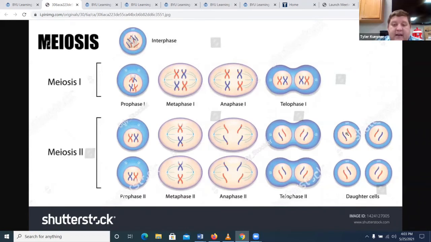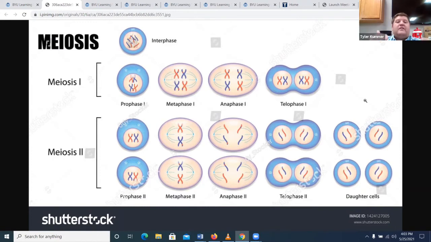Now, this gamete that has 1 copy of each chromosome fuses with another gamete from another individual, that gamete will only have 1 copy of each chromosome. And so when they fuse together, it gets back up to 2 copies of each chromosome. We get back to being diploid.